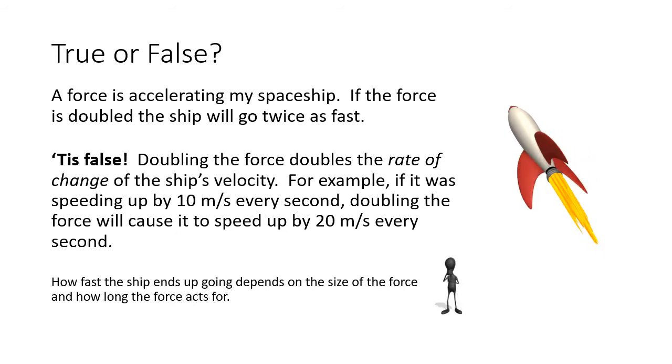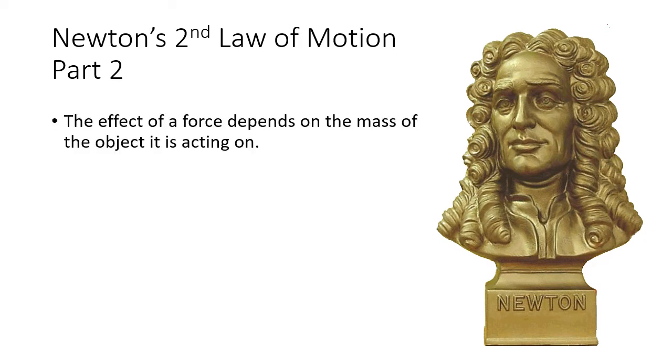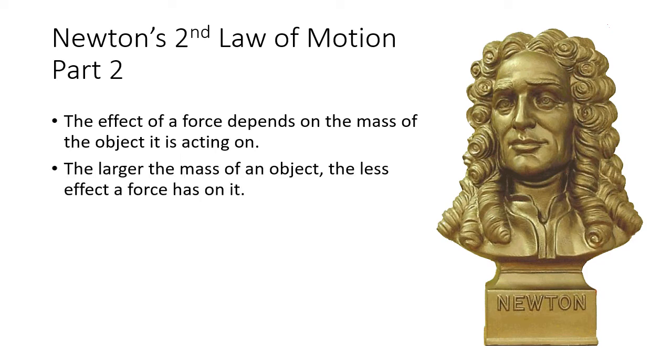The second part of Newton's second law has to do with the object that we're applying a force to. It says that the effect of the force, the acceleration, depends on the mass of the object it is acting on. The larger the mass of the object, the less effect a force is going to have.